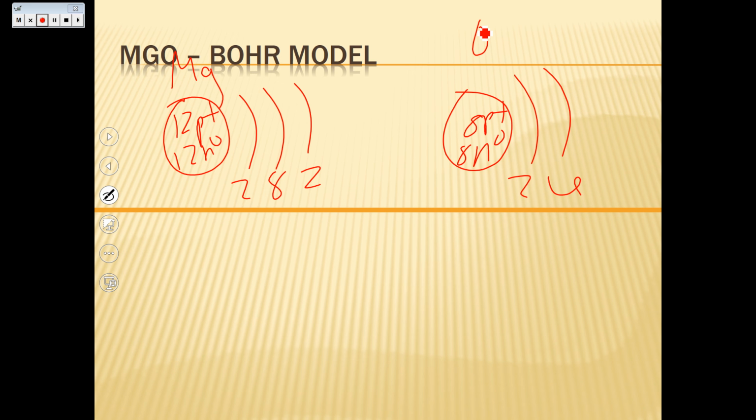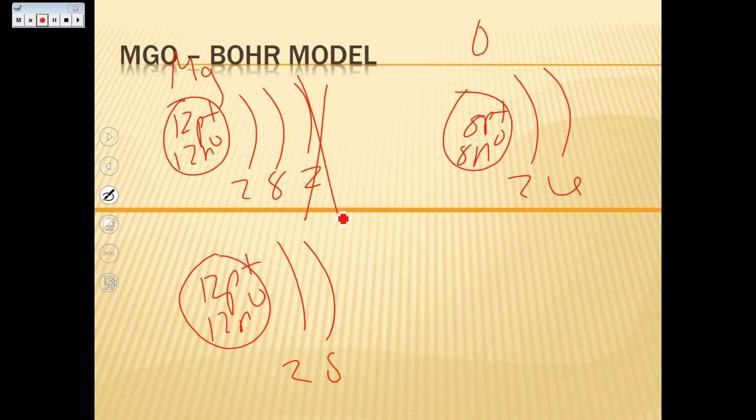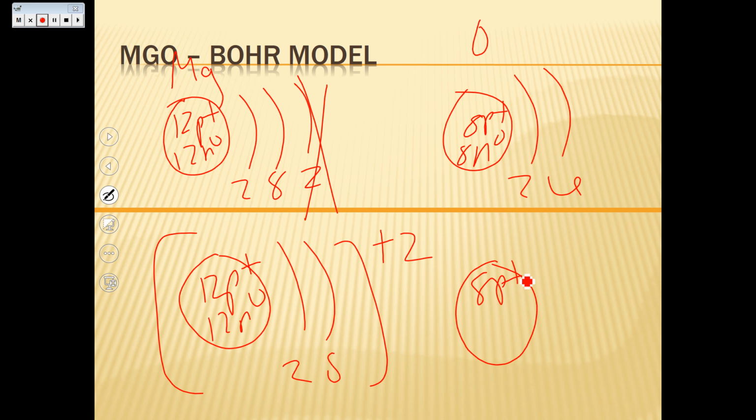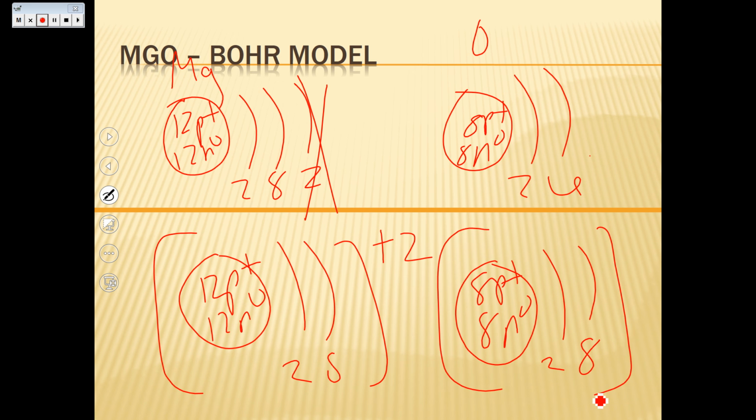So the Bohr model for MgO shows the 12 protons, 12 neutrons, losing this shell to take on a positive 2 charge. And then the oxygen is going to be shown with those 2 electrons being picked up by that outside shell to become 2-.